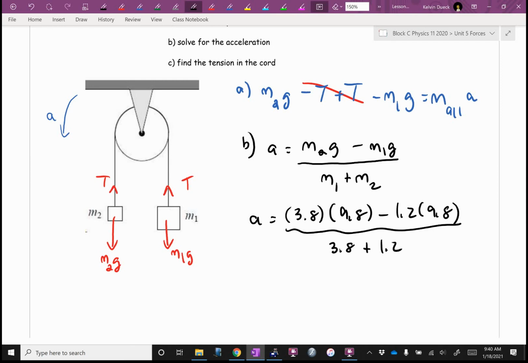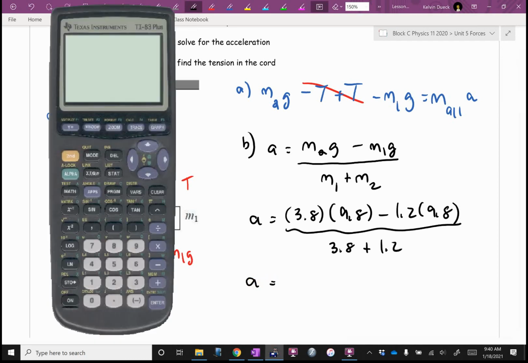Yeah. No. Do you get 5.096? Or am I wrong? I might be wrong. I might have made a typo. Is that right? Okay.